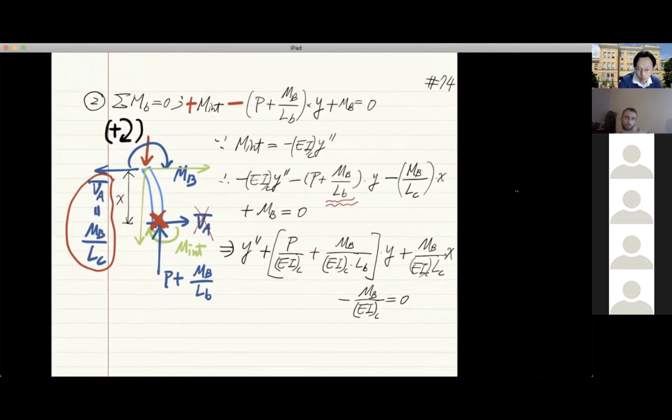So this is the theoretical expression for everything. But from the textbook and also from experience, we know that the shear force produced by the moment from the beams acting on the column members is usually very small.